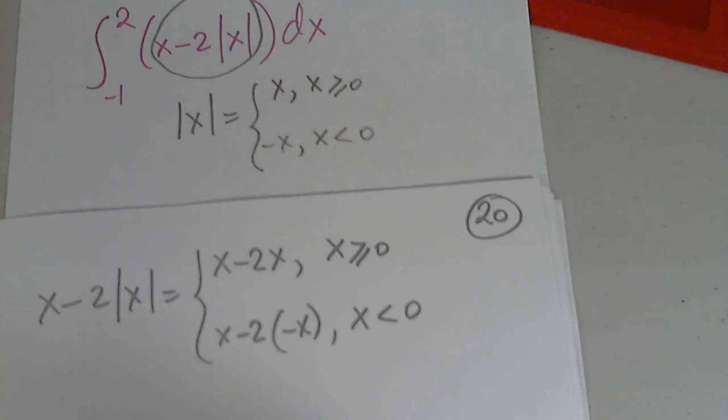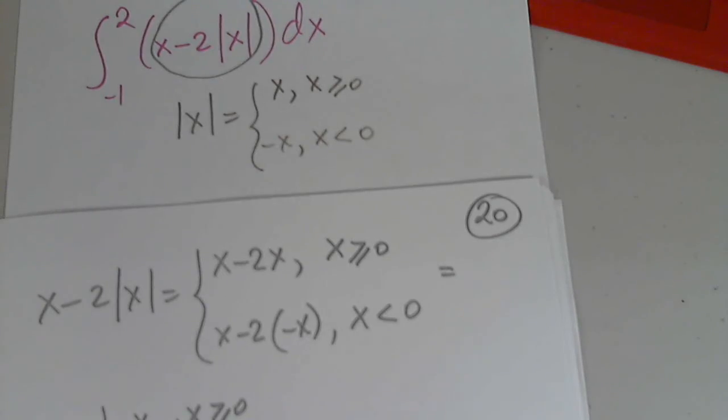It's not ready yet. So x minus 2x is negative x for x greater than or equal to 0. But this is negative 2 times negative x, which is 2x plus an x is 3x for x less than 0.